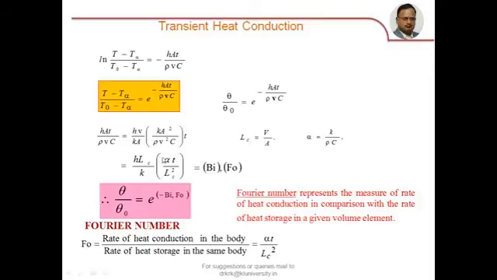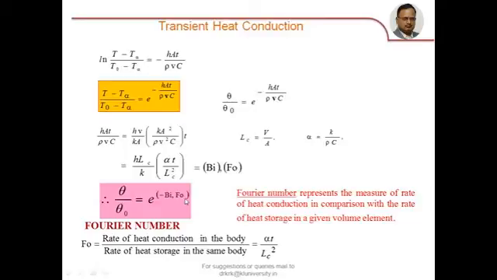So it is also a non-dimensional term known as Fourier number. So if you look at this equation, theta by theta naught equal to e power minus hAT by rho VC can be written in terms of Biot number and Fourier number.